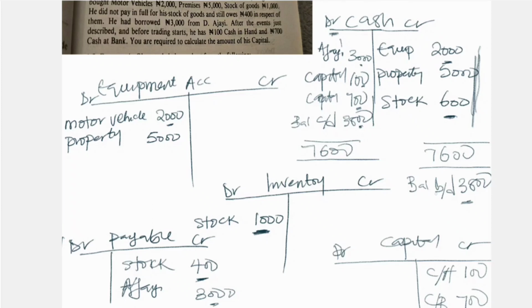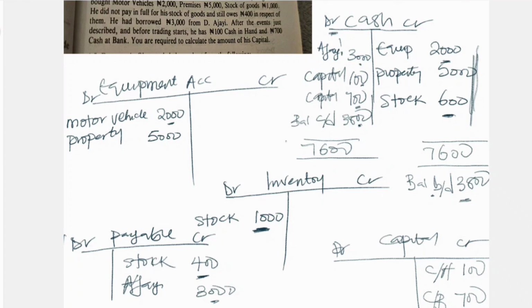Assuming that this balance brought down is in the debit side of our account, we'll say, okay, we have a positive amount of 3,800 naira. But at this time, we are running on a loss. Okay, we have an overdraft of 3,800 naira. So let's sum up here. Okay, here is 7,000 naira. And we close here up 7,000 naira.